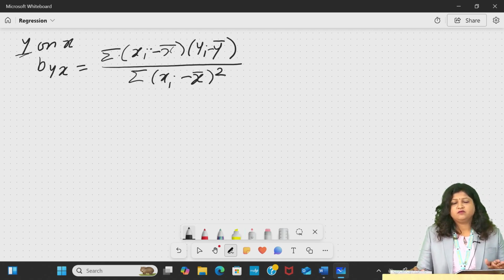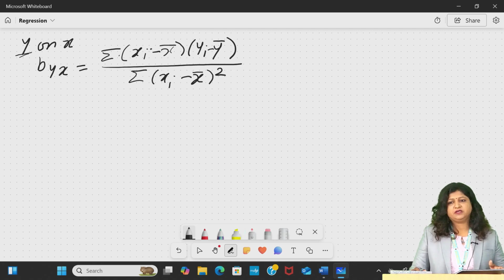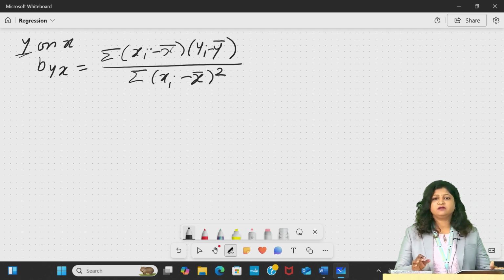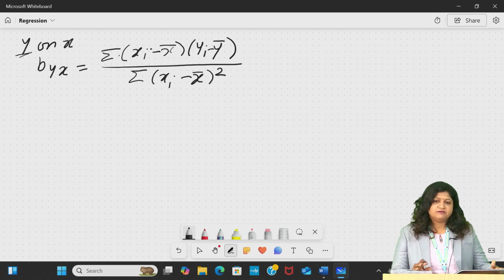We know the meaning of x bar: x bar is the average mean of the given values of the x variable, and y bar is the average value of the given y variable.